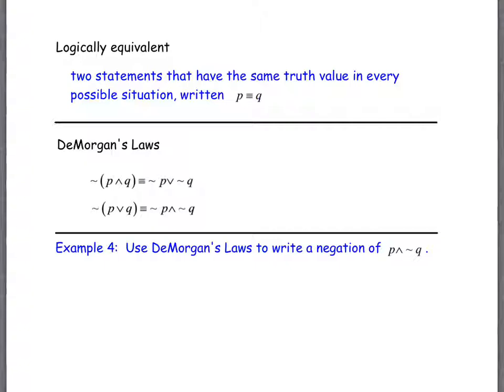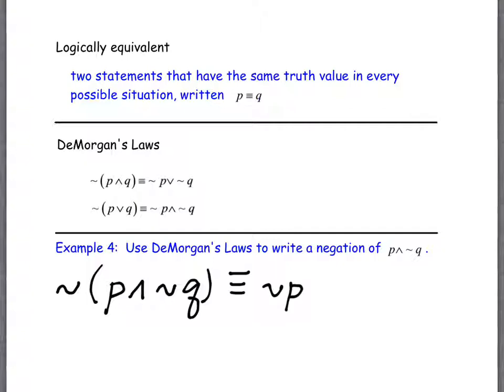And we're going to do one in symbols first. The first one we're going to do here, example 4 says, use De Morgan's laws to write the negation of P and tilde Q. So I'm wanting to write the negation of P and tilde Q. So this is what I'm supposed to be using. What does this become? Tilde P. Or, what would you say next?